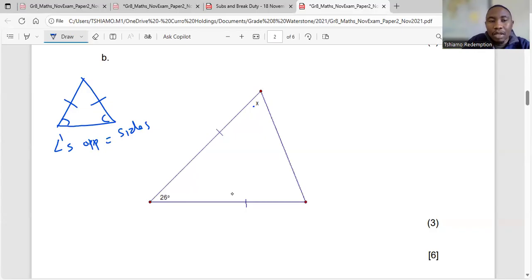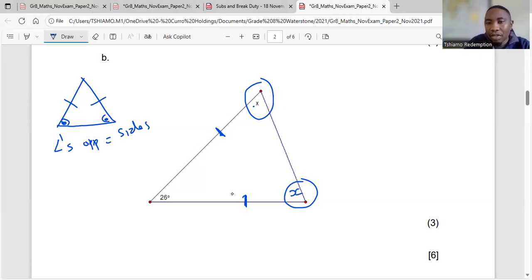The angles that are opposite the equal sides are the same. This angle and this angle are the same. Since these two sides are the same, because of these two lines, these angles will also be the same. So if this is X, this will also be X.